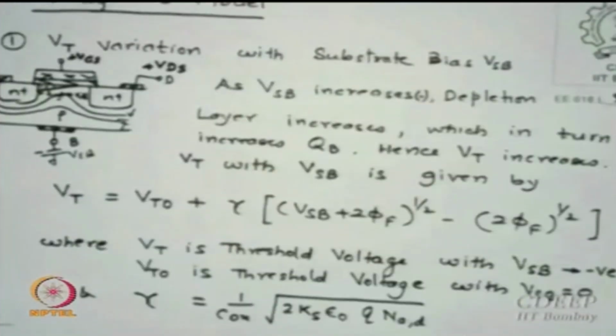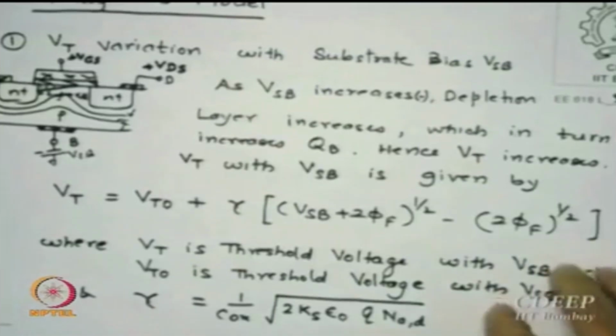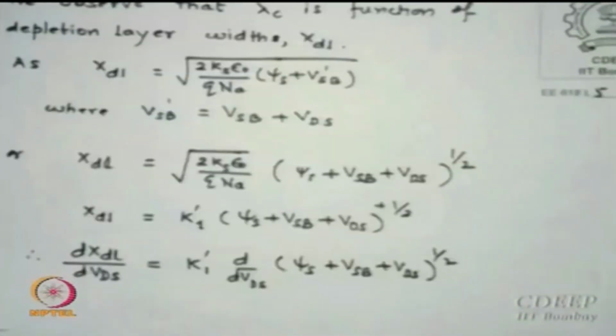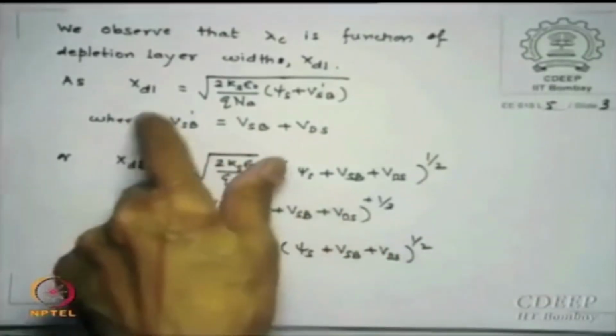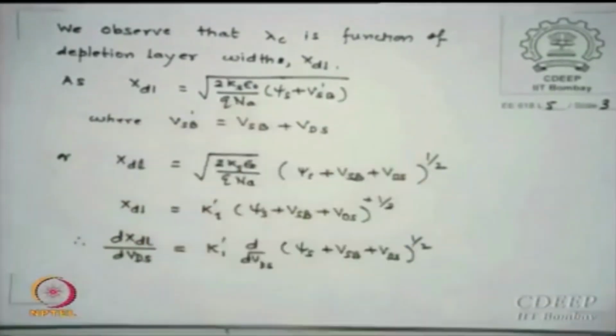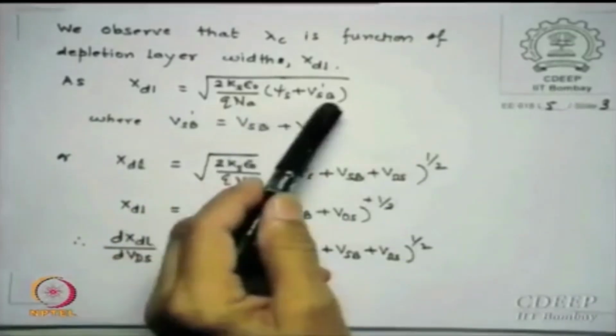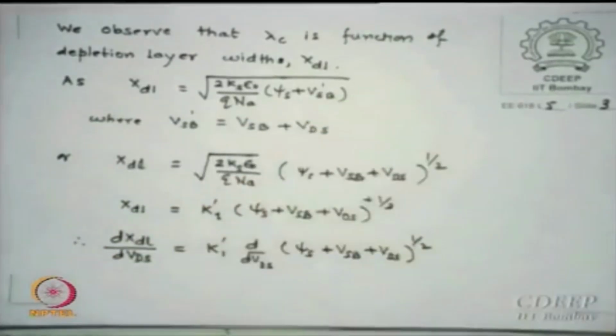So we look into it, of course I derived it in a big way, but you need not, you can also write it down, because I normally solve all expressions. So we observe that lambda is a function of depletion layer width XDL, which is root of twice Ks epsilon over QNA times psi s plus VSB dash. Now this VSB dash is nothing but VSB plus VDS, because if there is a VSB, the depletion layer is further enhanced from the substrate bias side.